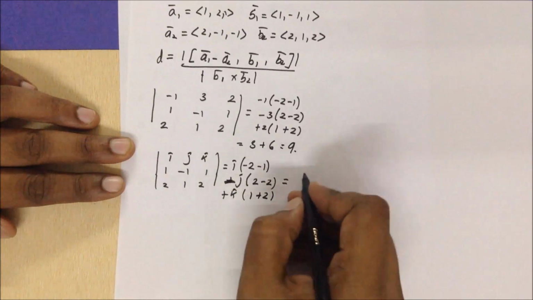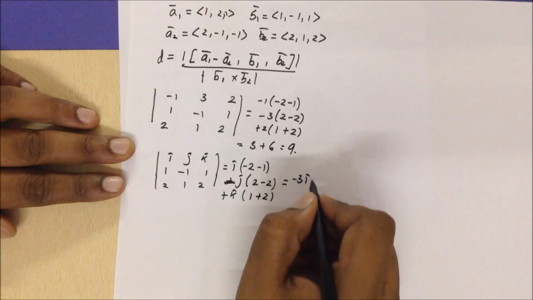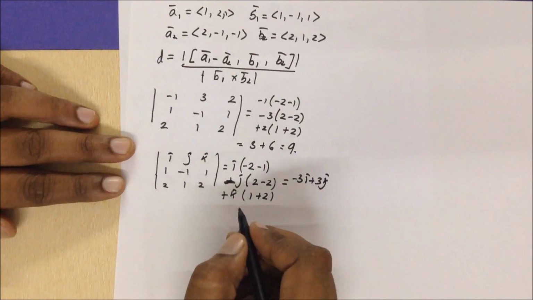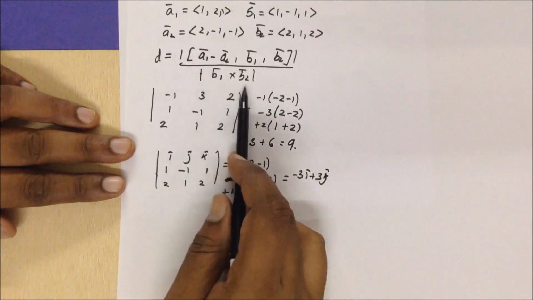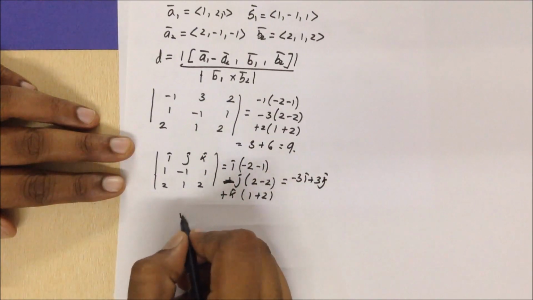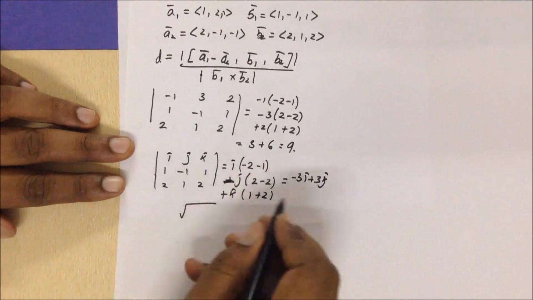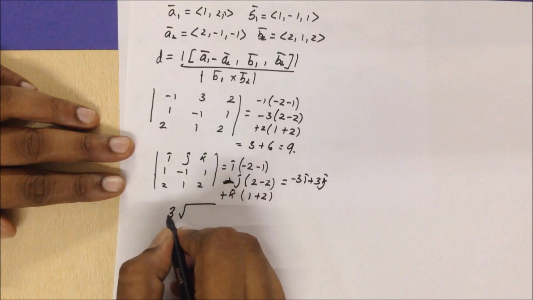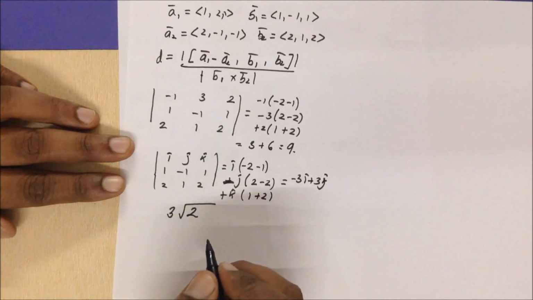So that's basically nothing but minus 3i plus 3j. I need to find the magnitude of it because it's the modulus of that which is asked. So finding that, it's going to be nothing but root of 3 square plus 3 square, so that's going to be 3 root 2.